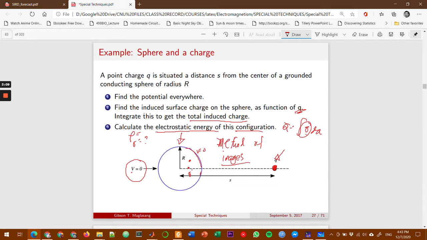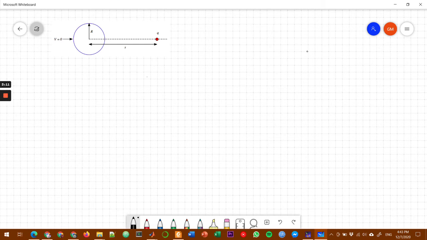Okay? So, look for that position. So, unsa dapat ang position diha? This is Q prime, in such a way nga ang distance ni ana is Z prime. Okay? Z prime na siya, from the origin.